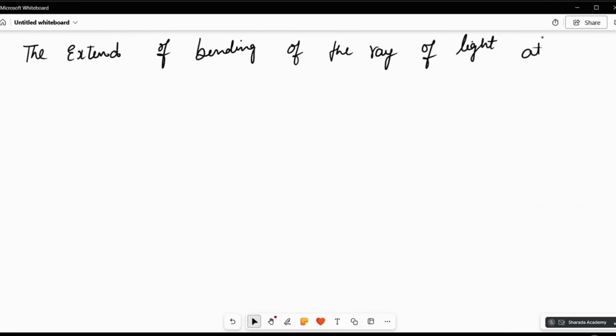At opposite parallel faces, the bending is equal and opposite.